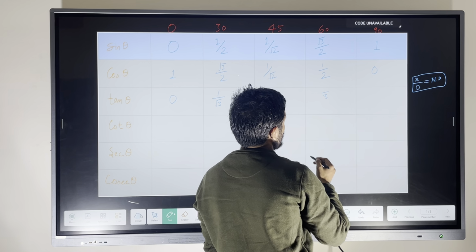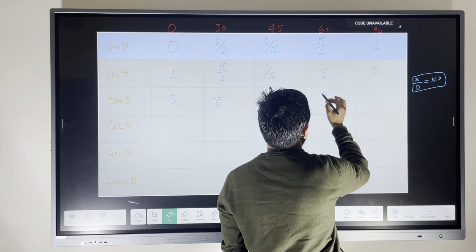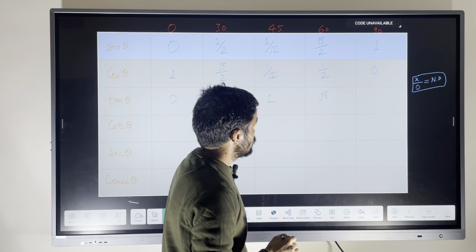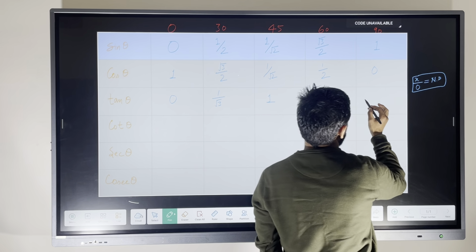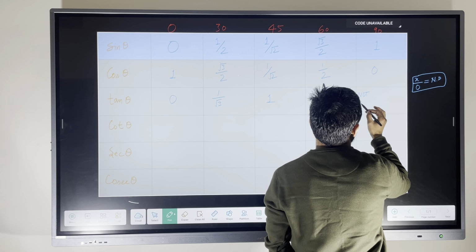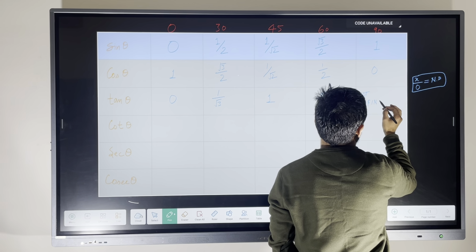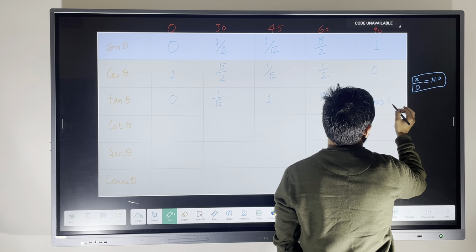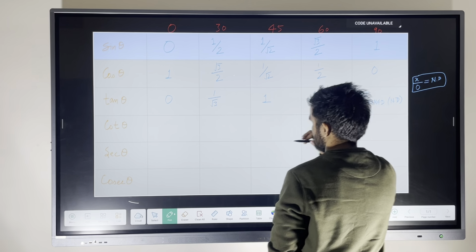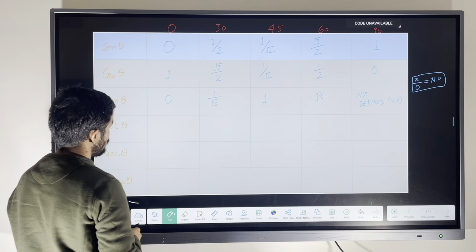So it is not defined, or simply n.d. Now cot is inverse of what?